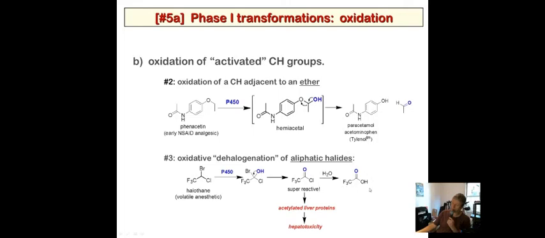Well, it's corrosive, but in small quantities it's probably not that big of a deal in your body. But this stuff is actually super reactive as an electrophile and can essentially acylate your liver proteins and cause liver toxicity. So this stuff is an okay anesthetic, but used over chronic periods of time can actually destroy your liver. And that's actually a problem with some of the other halogen-containing volatile anesthetics as well.